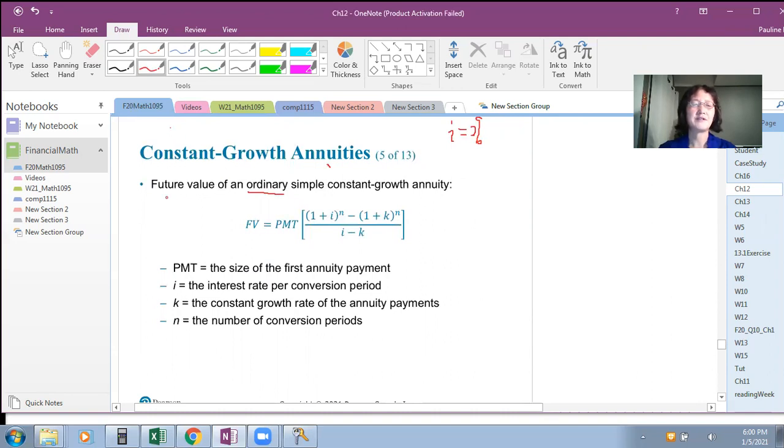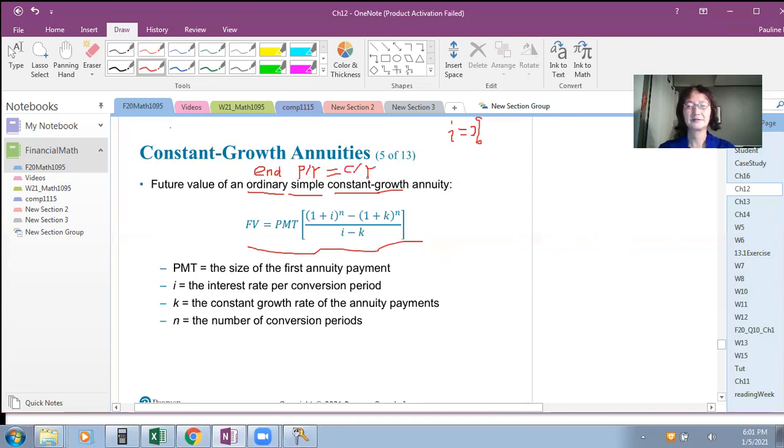For the future value, if you are concerned about the future value of an ordinary simple annuity, and this annuity has constant growth, this is the formula. Remember what is ordinary? Ordinary means payment is made at the end of period. Simple means the number of payments per year, PY, equal to the number of interest conversion periods per year, CY.